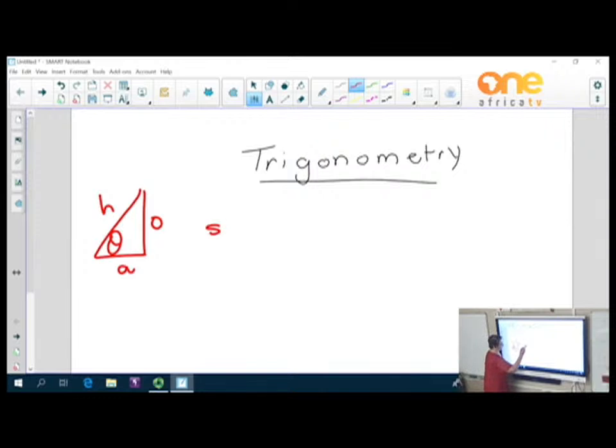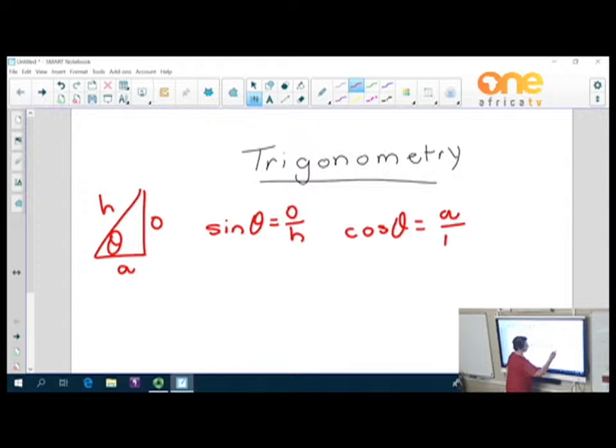There we have the three functions. Sine theta, which is opposite over hypotenuse, cosine theta, which is adjacent over hypotenuse, and tan theta, which is opposite over adjacent. How will I know which one to choose?